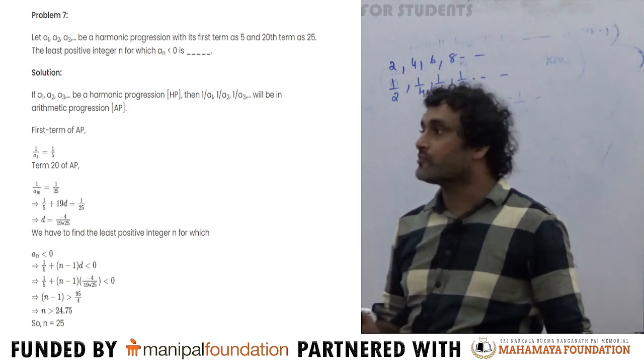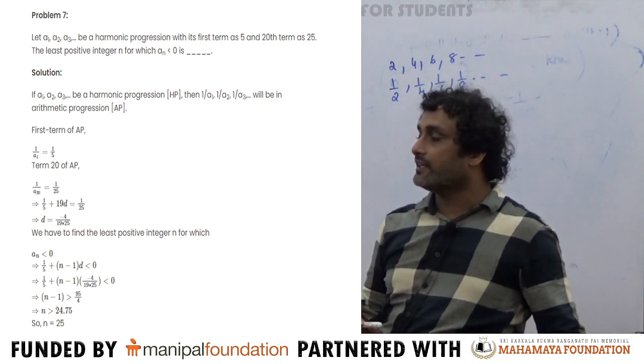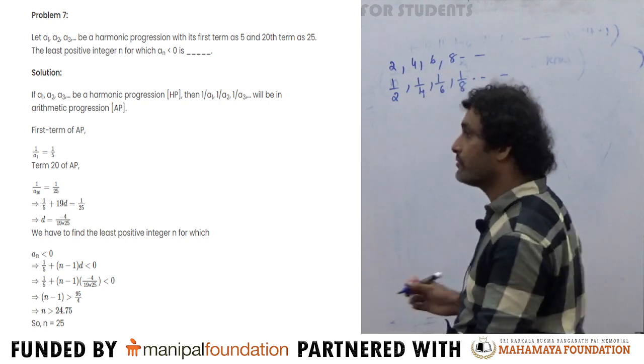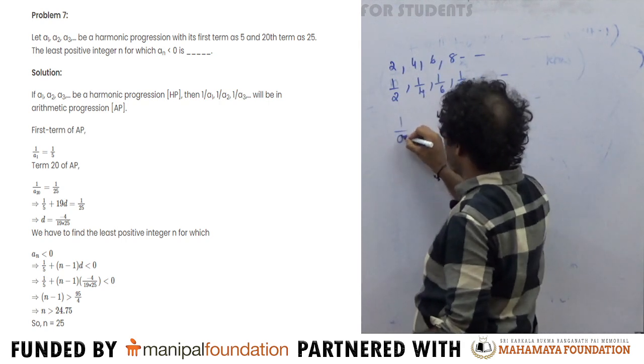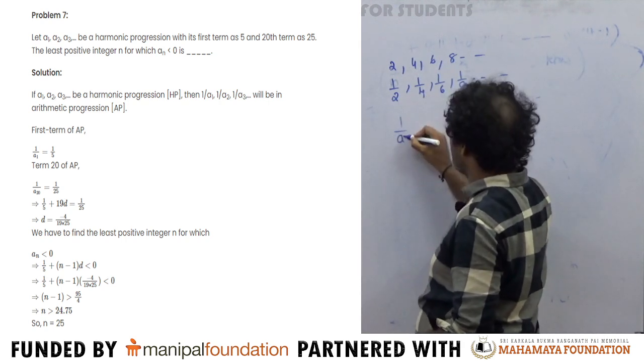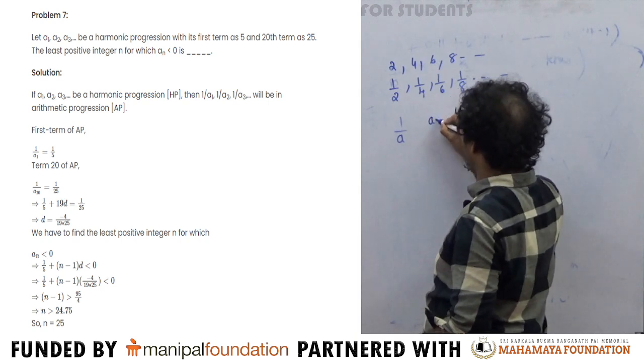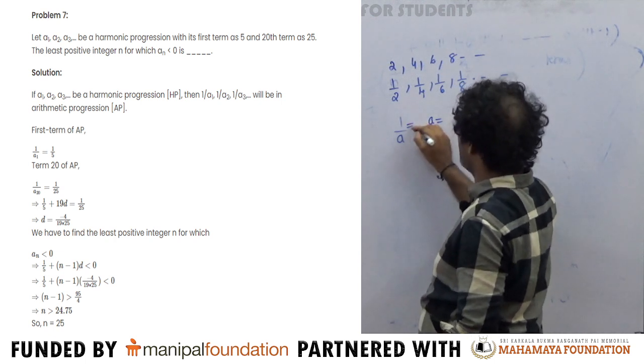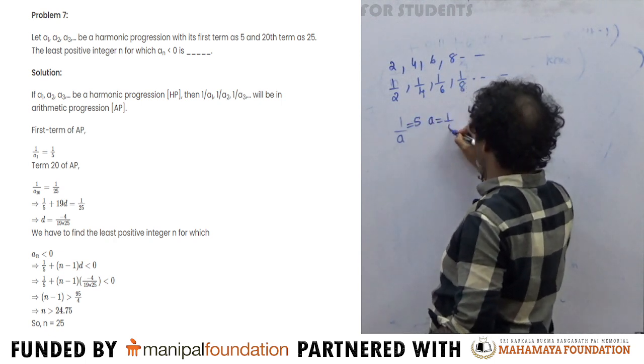Fine. So now check, okay. Let A1, A2, A3 be a harmonic progression with first term as 5. So first term will be 1 by A, right, normally. So in arithmetic progression, we say first term is 1 by, there it is 5. So A will be 1 by 5.